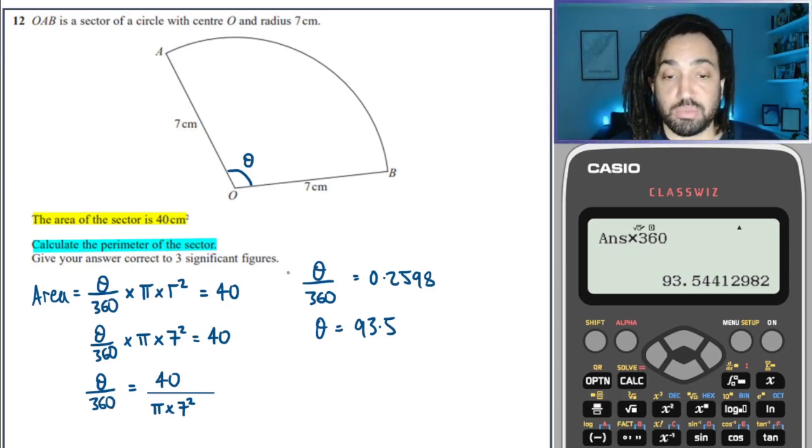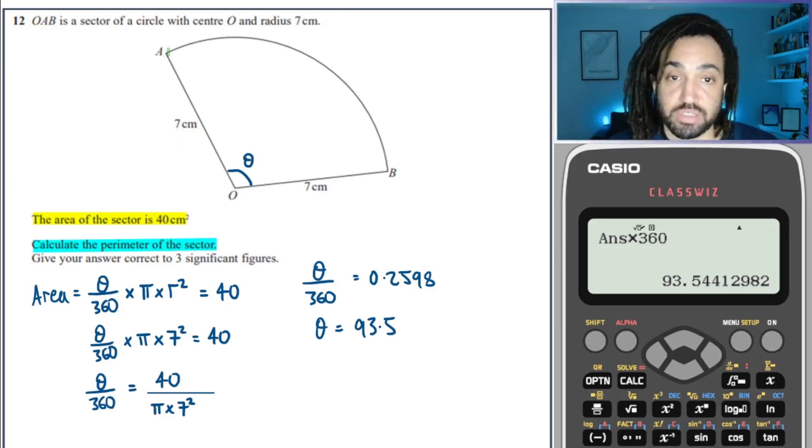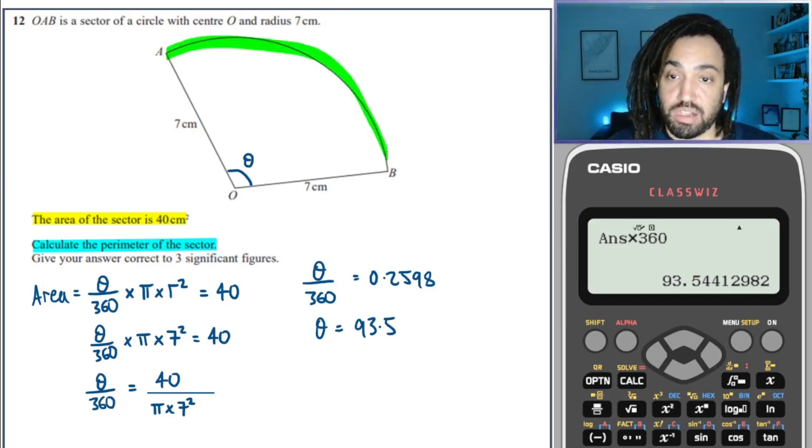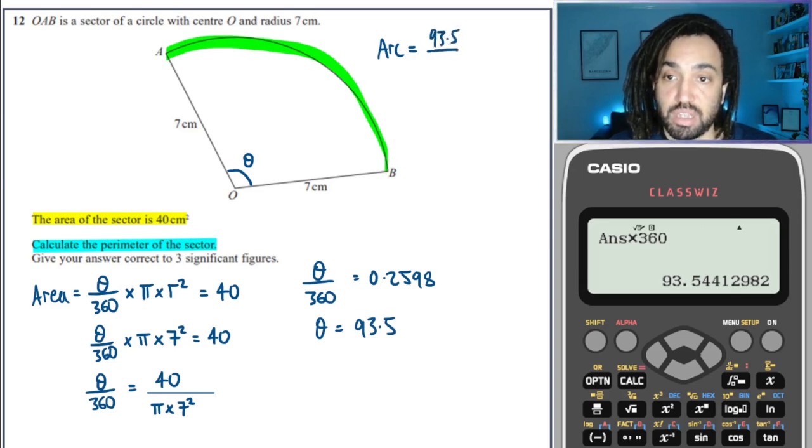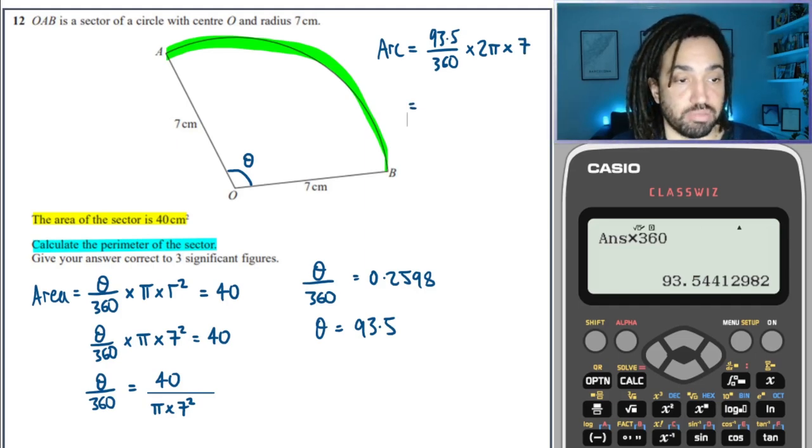Now we've got that, we can work out the perimeter by first finding the arc length. So that arc length there, as I've said before, is going to be the angle, which we know, over 360 times 2 pi r, which is 7, because 2 pi r is the circumference, and we're working out a fraction of the circumference.